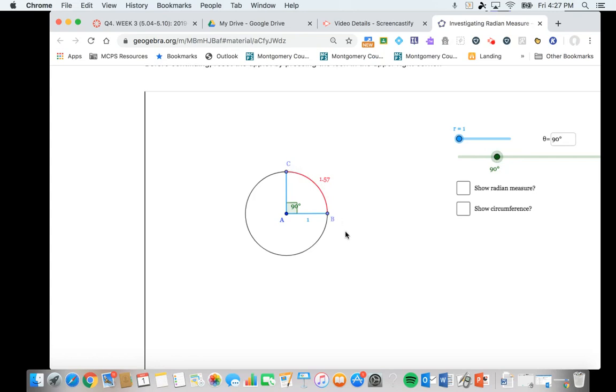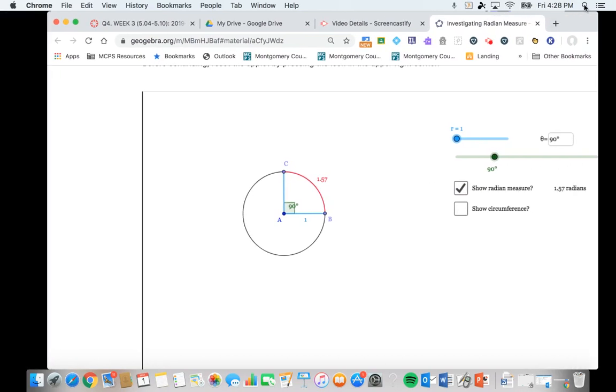When we figured that out on the last page, we said it was pi over 4. Did we? No, we said it was pi over 2, which is about 1.57, right? If we look at this, 1.57 radians, that's the radian measure. I could keep going. 180 degrees is going to be what?